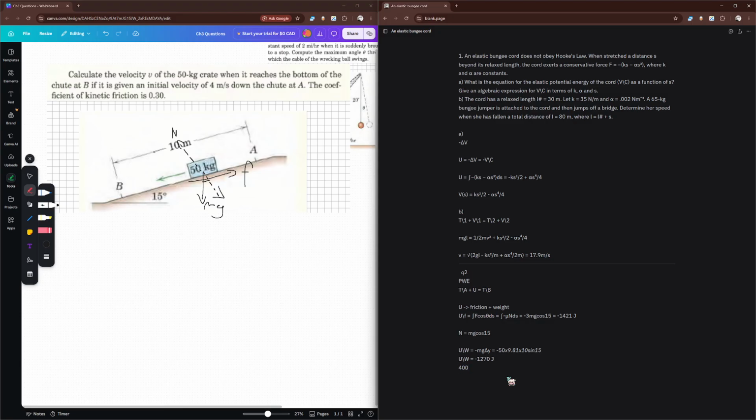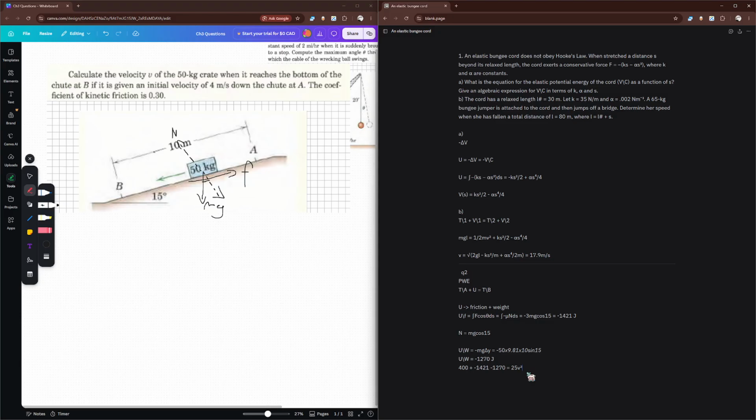So that's 400 plus negative 1421 minus 1270, which is equal to TB, which is a half, M is 50, so 25 V squared. So we're going to go 400 minus 1269 minus 1421, divide by 25.